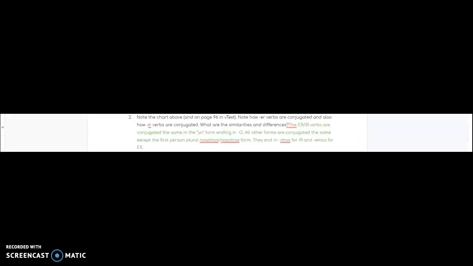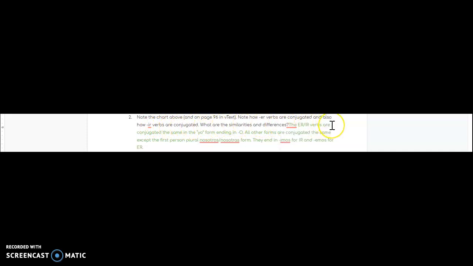Número 2. Note the chart above and on page 96 in V-text. Note how ER verbos are conjugated and also how IR verbos are conjugated. What are the similarities and differences?